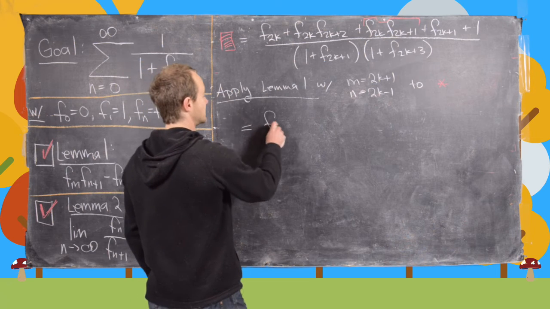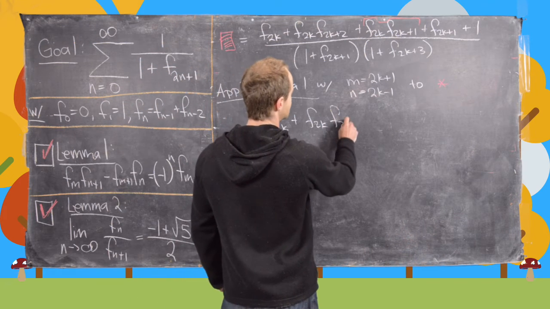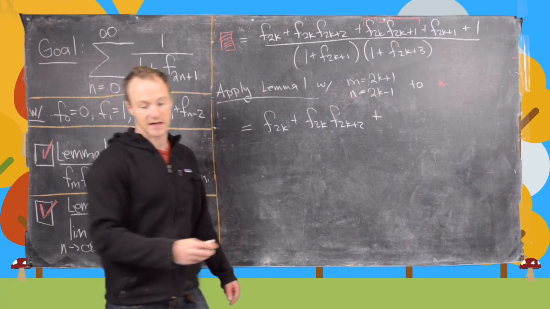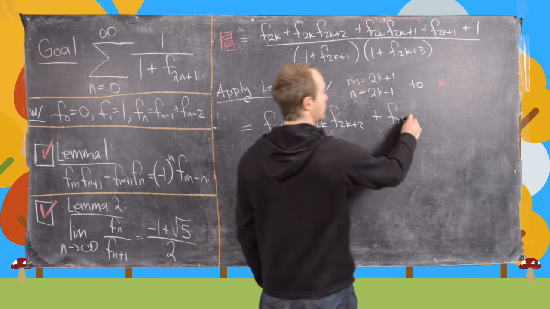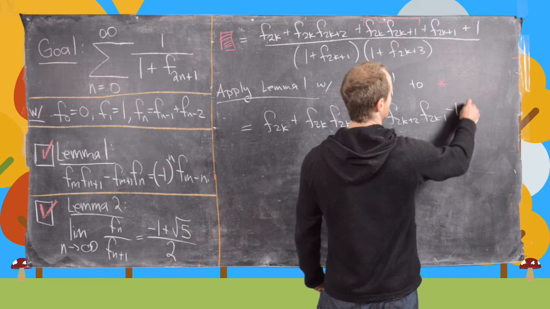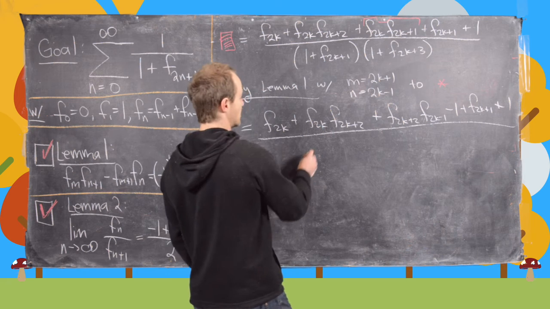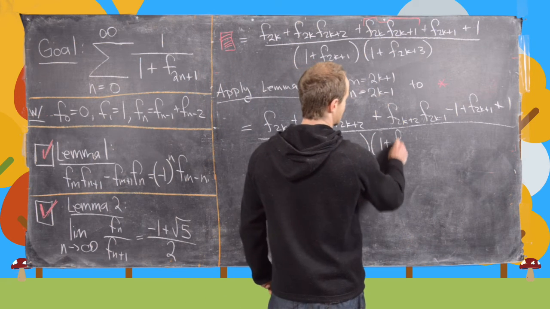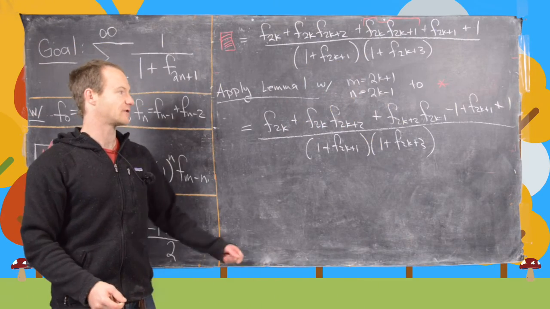That's going to give us f sub 2k plus f sub 2k times f sub 2k plus 2 plus, and now again, rewriting that, we get f2k plus 2, f2k minus 1, and then minus 1 plus f2k plus 1, all over our denominator. So we have 1 plus f2k plus 1 plus f2k plus 3. Okay, so that's what we get after doing all of that.